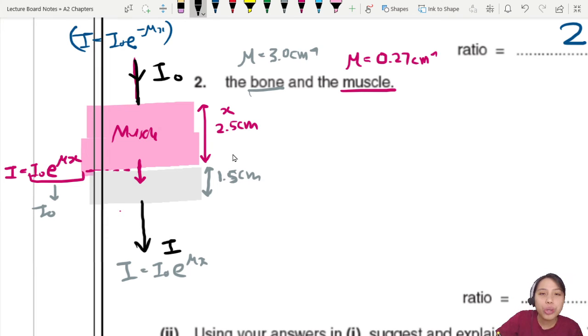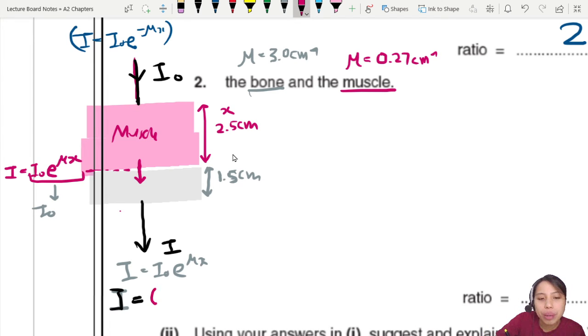Okay, so if we substitute in the equation of the final intensity that comes out of the bone and out of the whole thing, you can rewrite it. Now what is this I naught? Whatever came out of the muscle is the I naught for the bone.